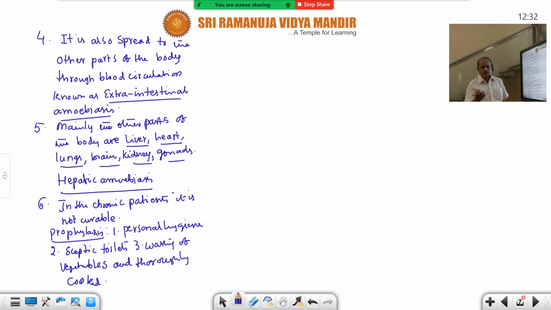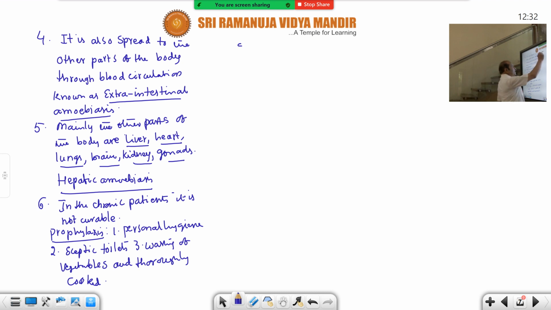You can remove the tips of the nails, because in the crevices of the nails the cysts may be present. That's why you have to take these precautionary measures. This is about Entamoeba, an 8 marks question. There are 3-4 marks questions also.